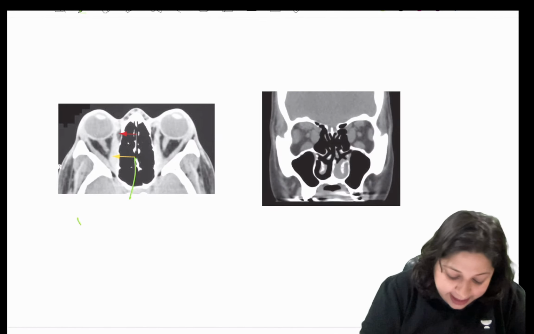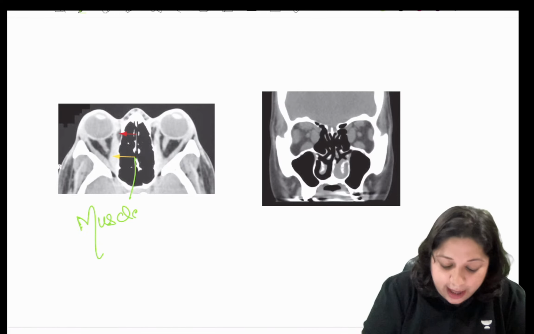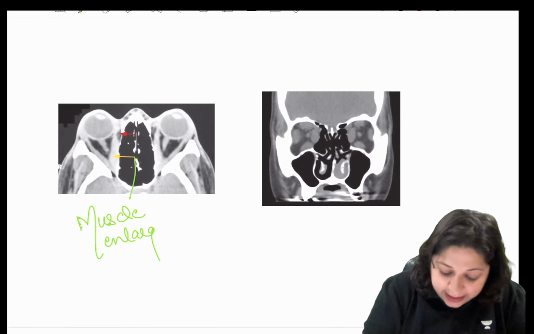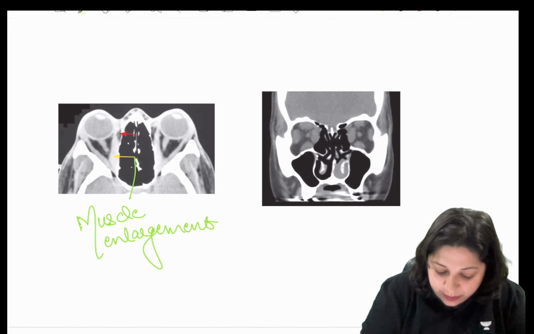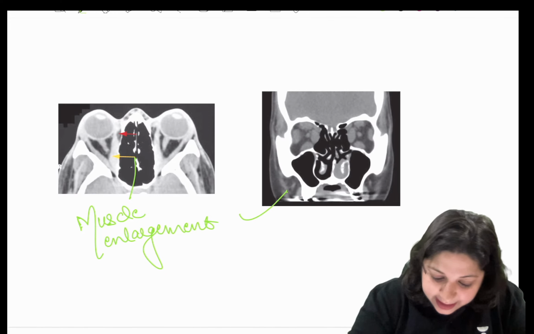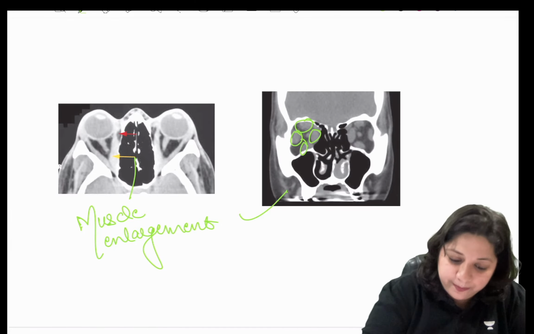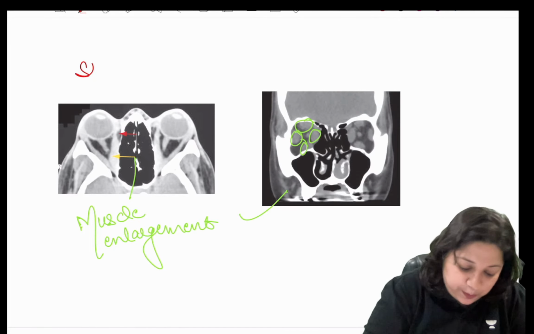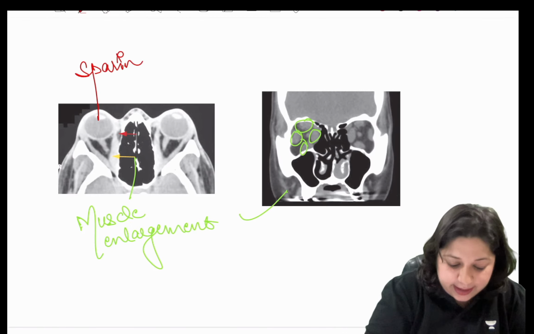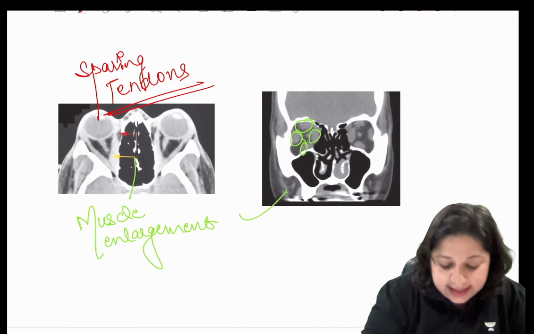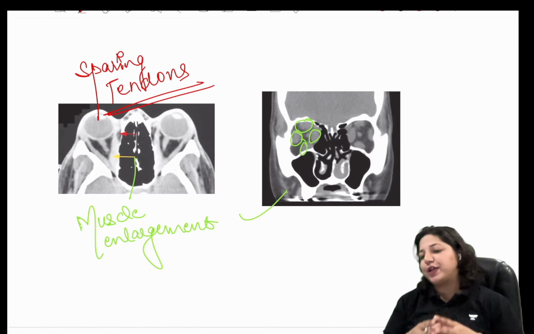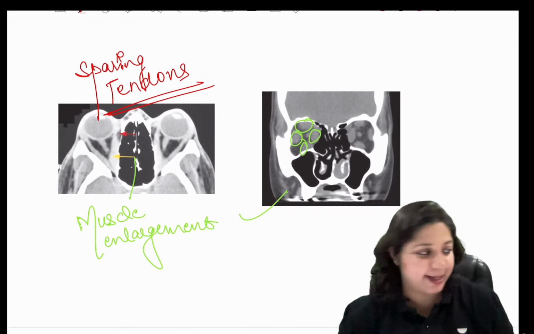Okay, I'll write in green. There is muscle enlargement, but classically there will be sparing of the tendons. This is classically what you get in the radiographic appearance of thyroid eye disease.